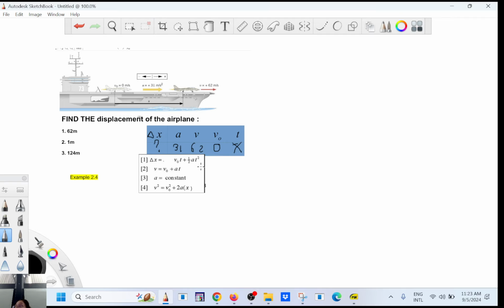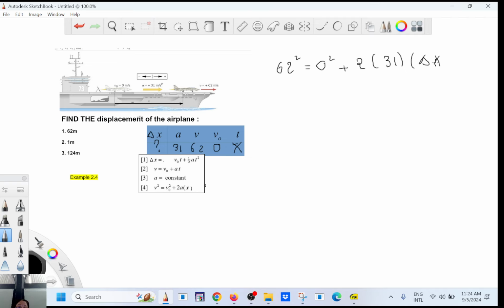So 1, we do not have the time. Well, you could get it, right? You can use this equation to get the time and plug it in. But if you want a shortcut, you will use 4, right? So final velocity squared equals initial velocity squared plus 2 times acceleration times displacement.